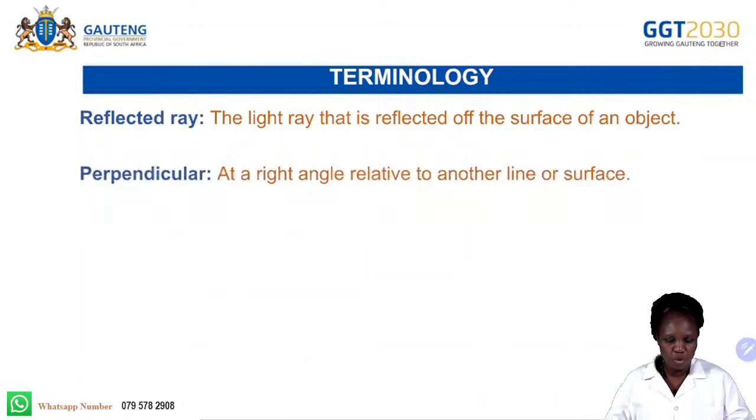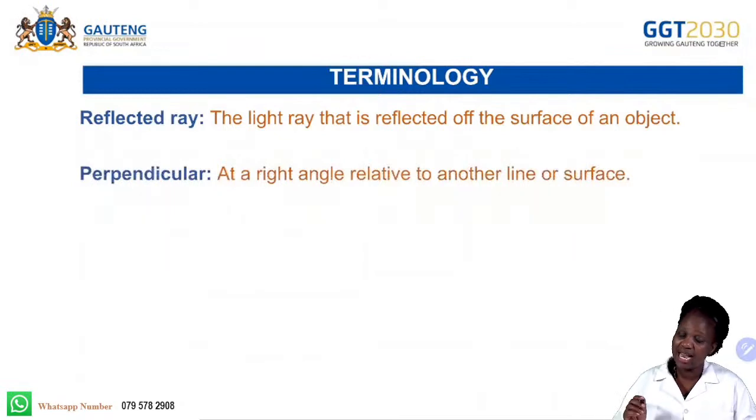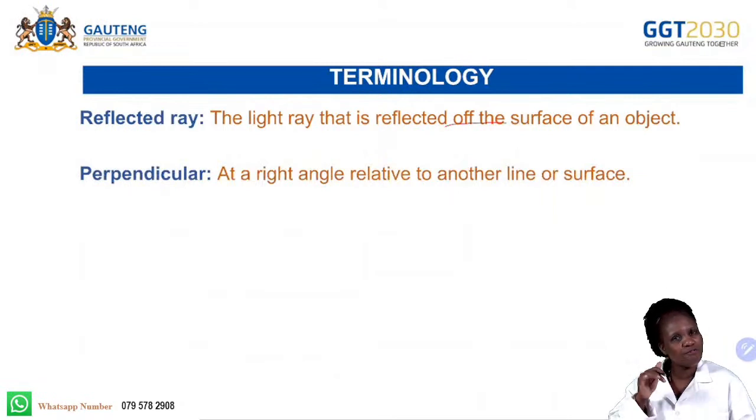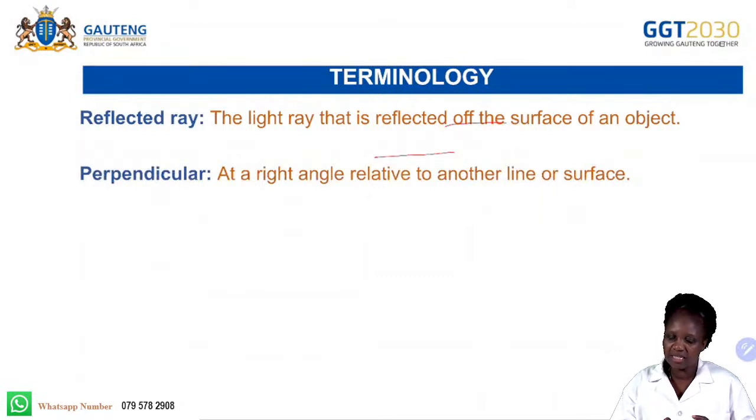All right, we've got reflected ray. This is the light ray that is reflected off the surface of an object. What do we mean if we say it is reflected off the surface of an object? For example, this is the surface, all right? Let's say this surface is yellow, all right?